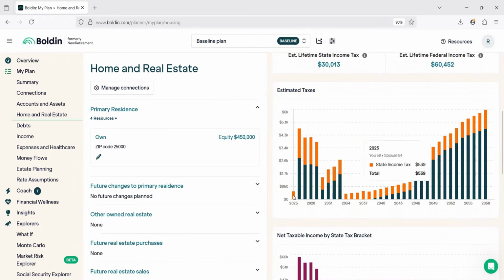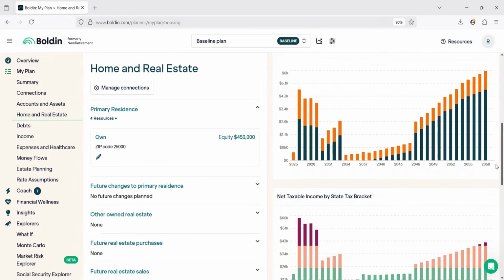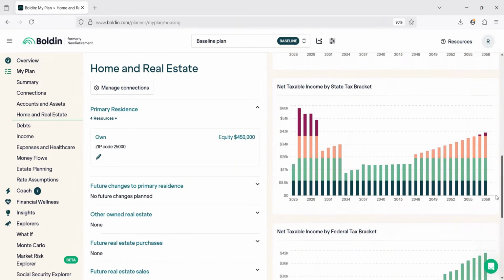Okay, so here's the income tax, the state income tax. You can see that it basically doubles your taxes. Or it doesn't double it, but it's close. It's up there. Okay. And then you can see your state income tax here.